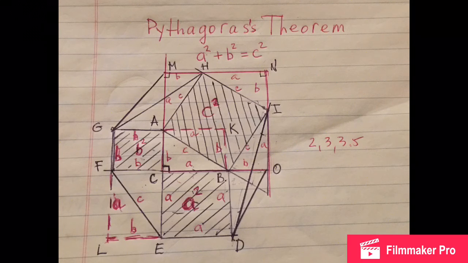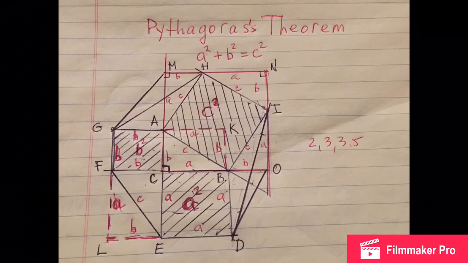They both are right triangles and equal to each other. Moreover, all four triangles in this square are equal to each other and have legs a and b and the hypotenuse c. Prove this by yourself or write in the comments for help.